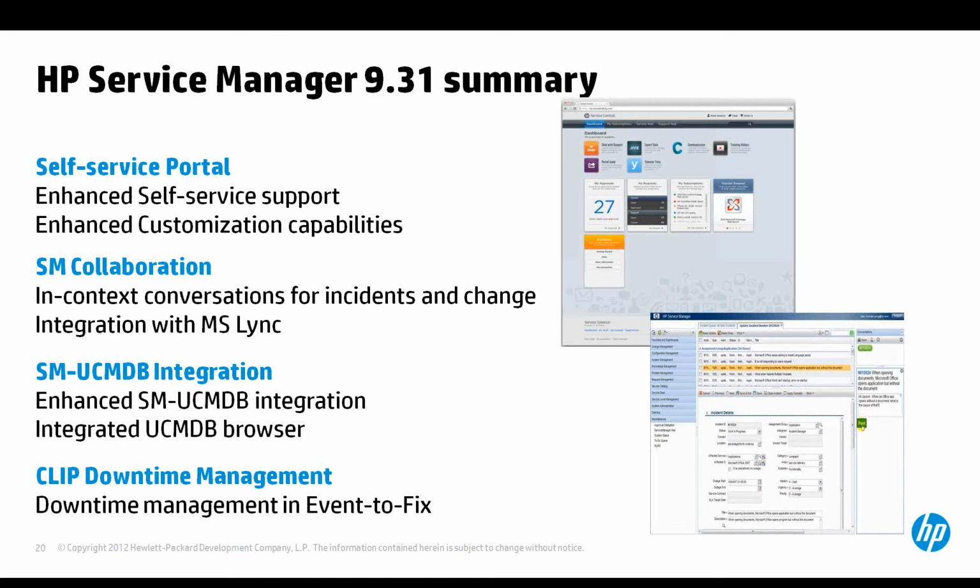So in summary, in Service Manager 9.31, and you'll see that in a lot more detail in the demo, we've got the four main functions that have been added. First of all, a completely new self-service portal, adding a number of functional characteristics such as management of subscriptions, approvals, knowledge search, and a lot more customization capability.